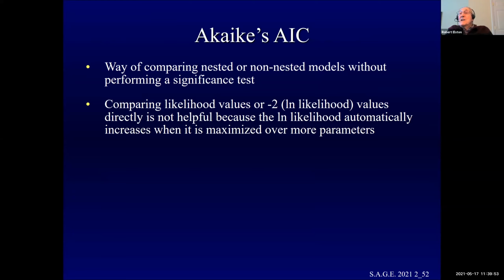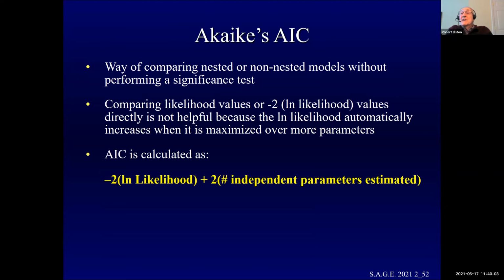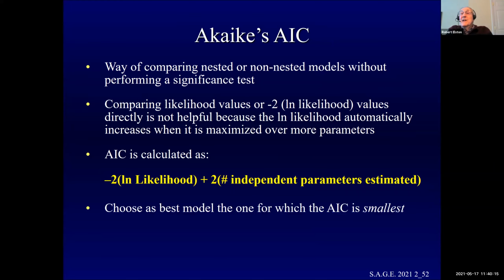But if you do that directly, it's not very helpful because the log likelihood automatically increases when it is maximized over more parameters. So what you do is you penalize it. The AIC is calculated as minus twice the log likelihood plus the number of independent parameters estimated. And you can choose as best model the one for which the AIC is smallest.